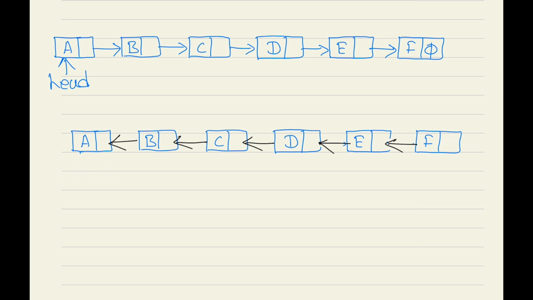So head is going to refer to this one, or F becomes the first node and the next of A becomes null. So the first structure is given and the second one is after reverse.